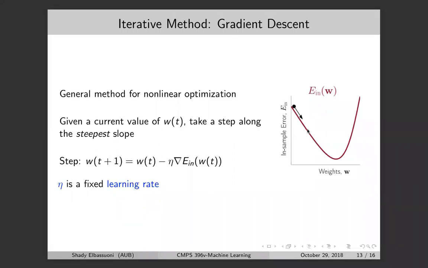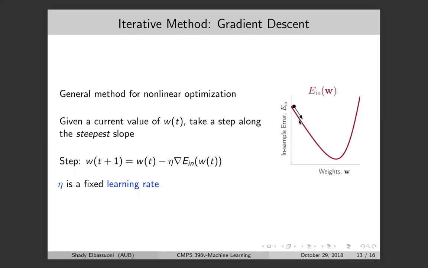PLA is not a strong model, because it assumes the data is linearly separable, and if it's not, you get into all these issues, it doesn't converge, and so you stop it after a certain number of iterations. So nobody uses the perceptron learning algorithm anymore, but it's a good introduction to machine learning. Logistic regression is a model that I suggest you always try. It's a strong model. Okay. Other questions?